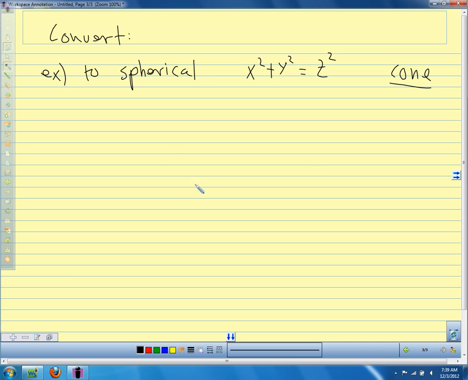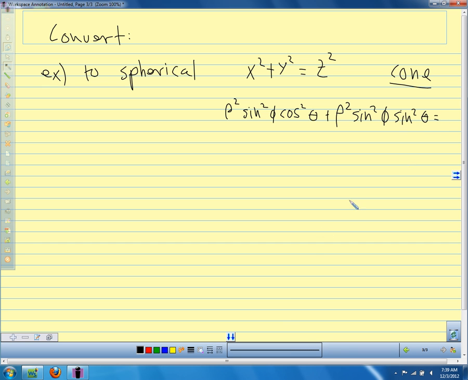So to do our conversion, what are we going to do? X squared equals rho squared sine squared phi cosine squared theta. Y squared is rho squared sine squared phi sine squared theta.